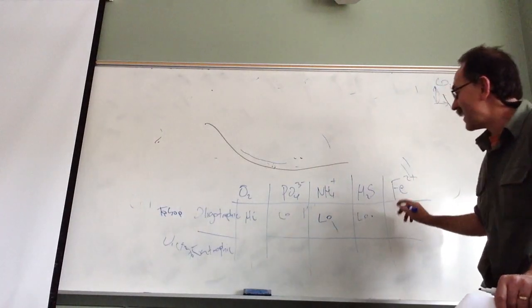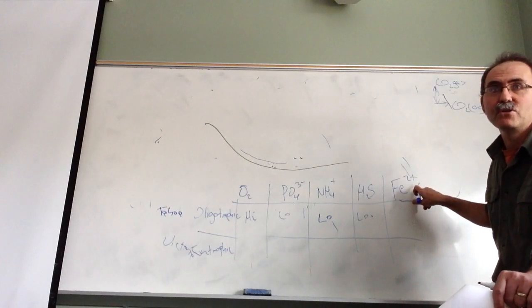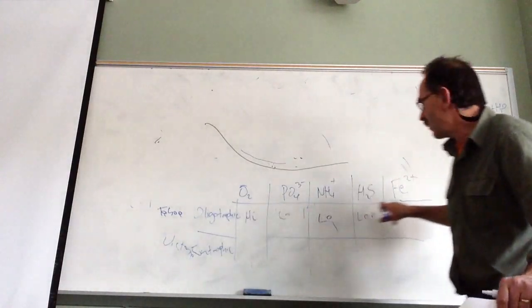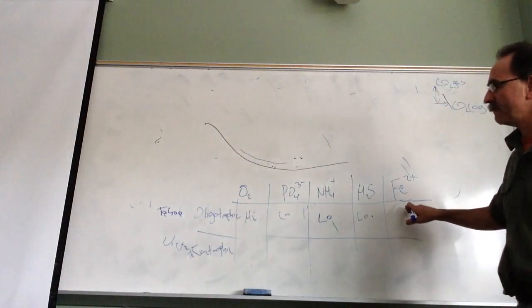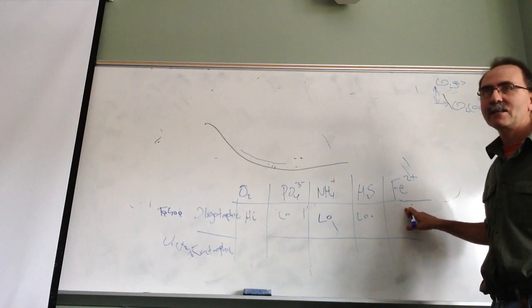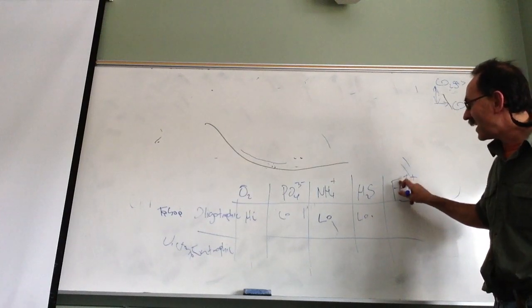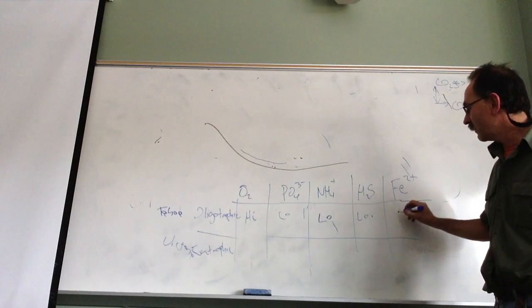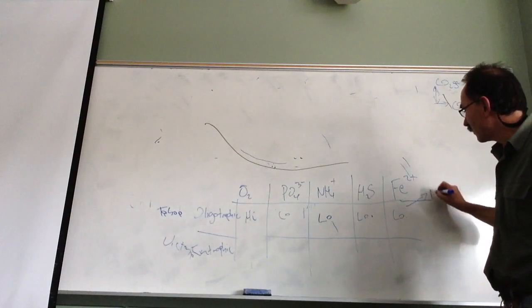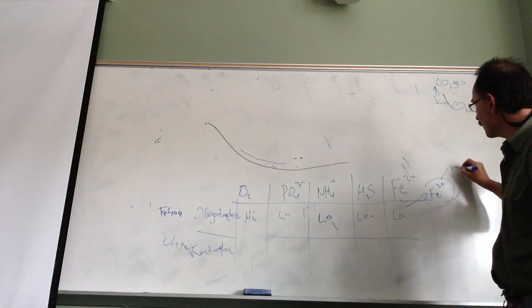And ferrous ions are formed in reducing conditions. If you've got a high oxygen, this is an oxic condition, a very high oxygen. It's not going to be a reducing situation. So in this case, you'll have low or nothing. Most of your iron, in fact, will be in Fe3+, which is insoluble.